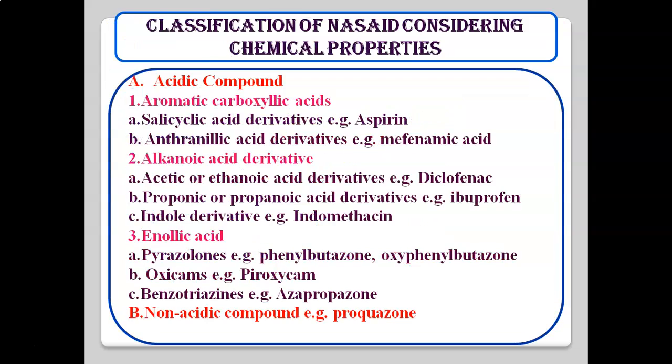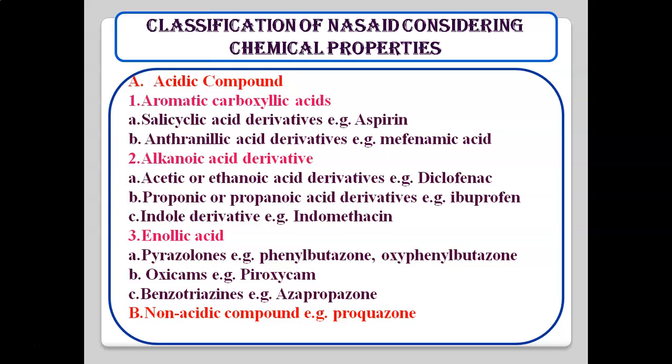Then we move towards classification of NSAIDs considering chemical properties. First, they are divided into two types, that is acidic compounds and non-acidic compounds. Acidic compounds are further divided into three types.